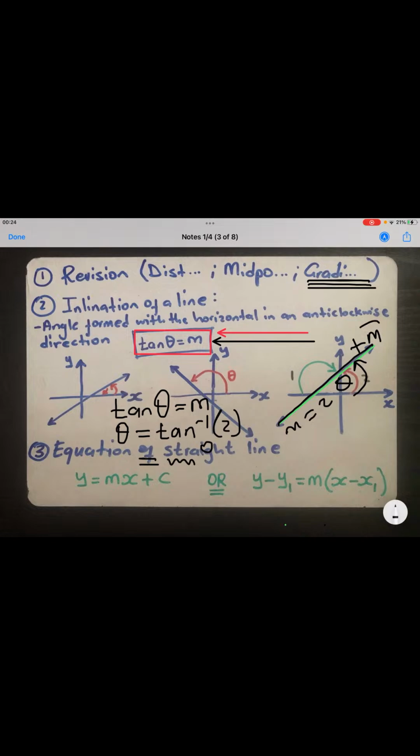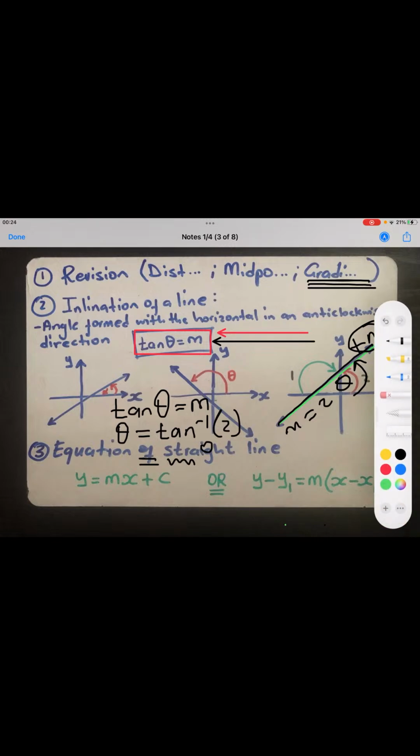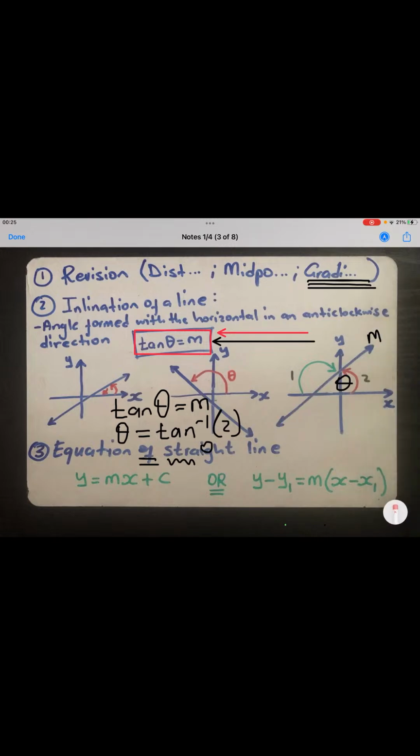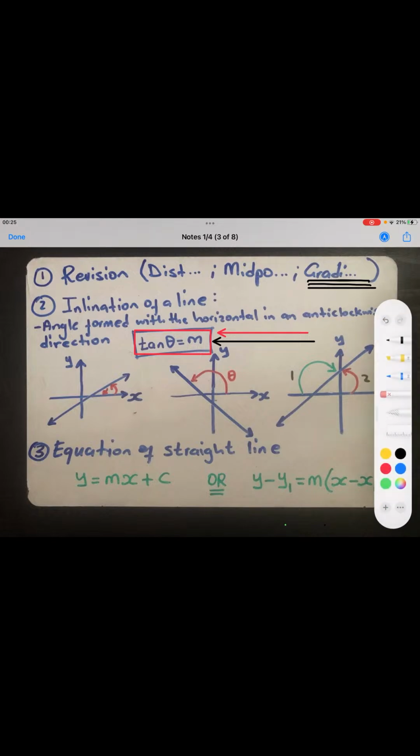Let's now have a look at how the calculation looks like when you are dealing with a negative gradient, because it's a bit longer when you compare it with a line of a positive gradient. So just know that if the gradient is positive, it's quick and easy. So let's talk about that line having a negative gradient.